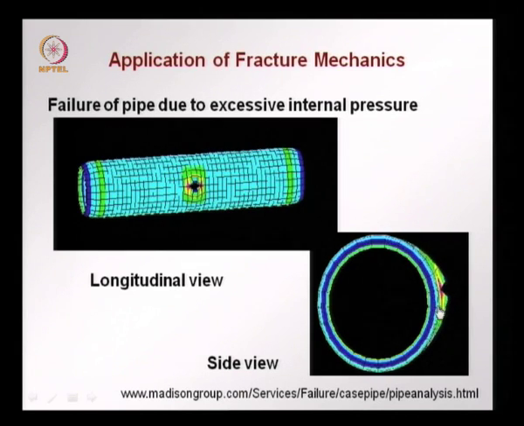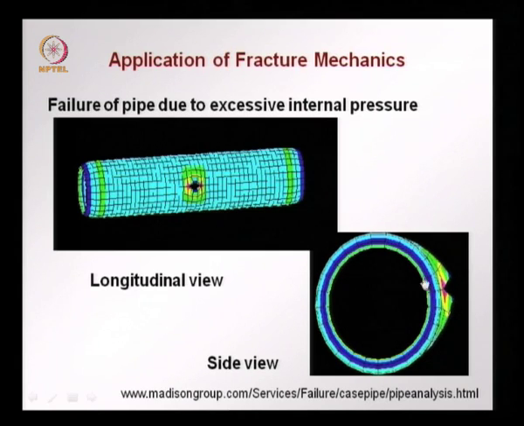So you see here the crack opening, this is the section, and here you see the longitudinal view of how the crack propagates. So such type of fracture analysis can be used to determine how materials will fail, how structural elements will fail, and this we can use for design to prevent such failure from occurring, and also to have better materials developed that can resist such type of failures.